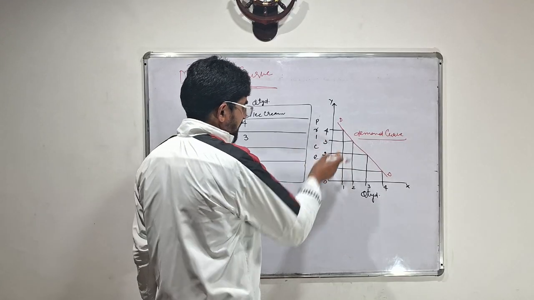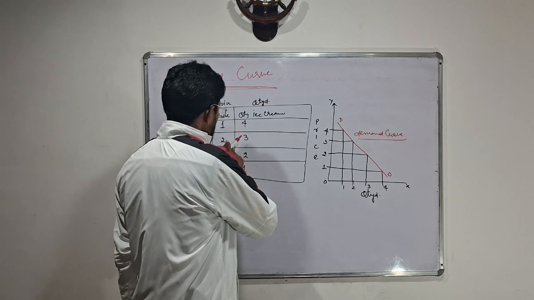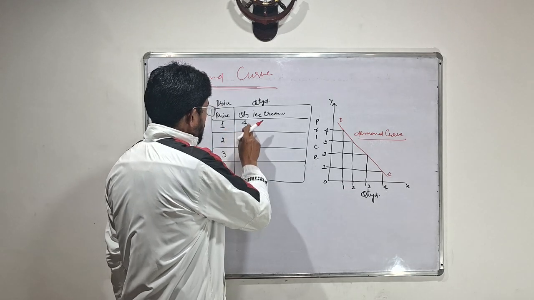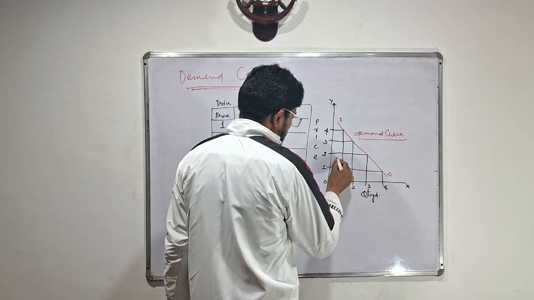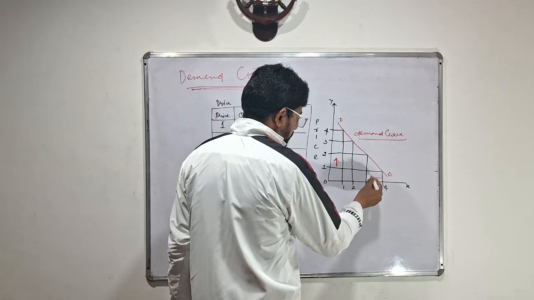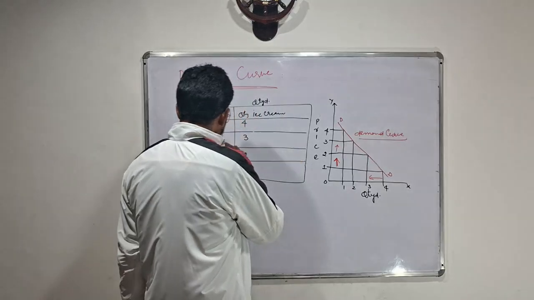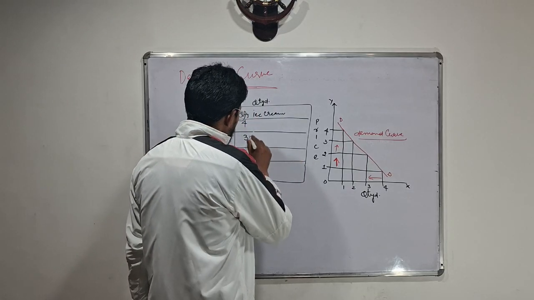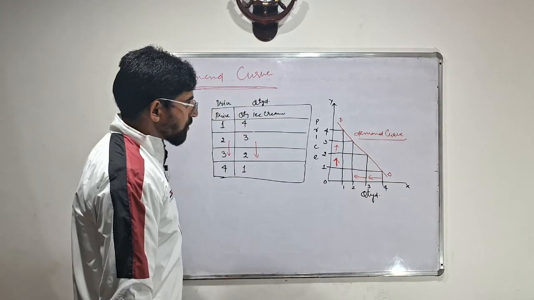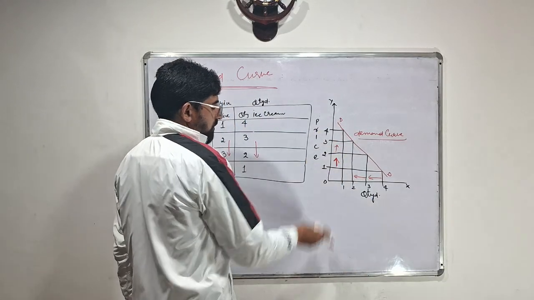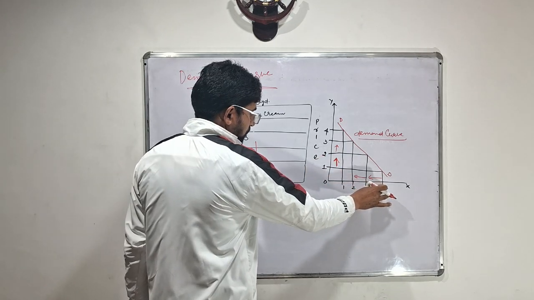If we make an analysis, when price changes from 1 to 2, a 1 unit increase in price leads to a 1 unit decline in quantity demanded, from 4 to 3.